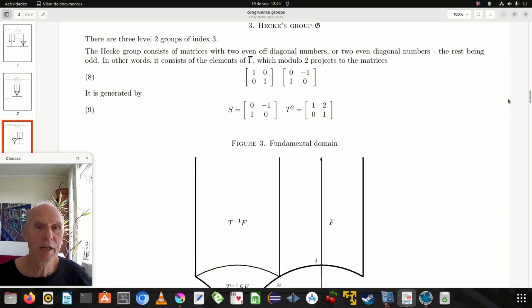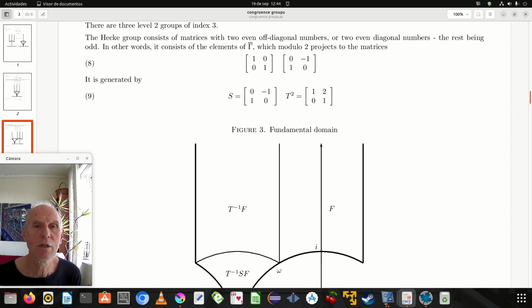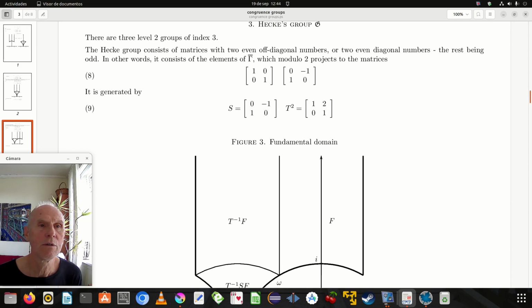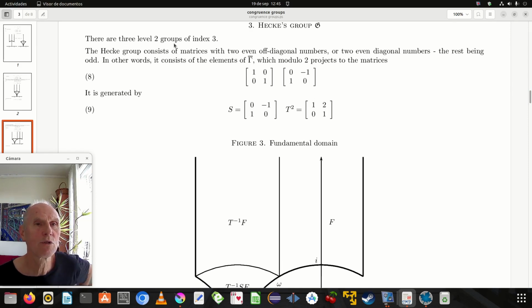Well, the next, the Hecke group, 2 even off diagonal or 2 even diagonal numbers, the rest being odd. There are 3 level 2 groups of index 3. That's what I found today as well.